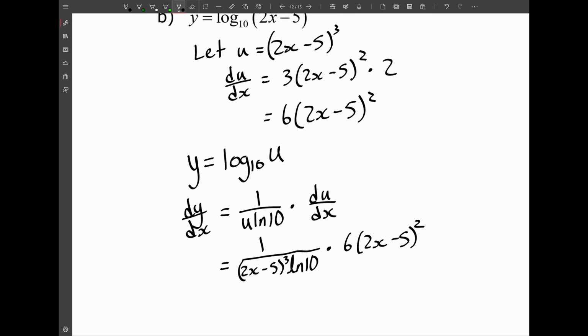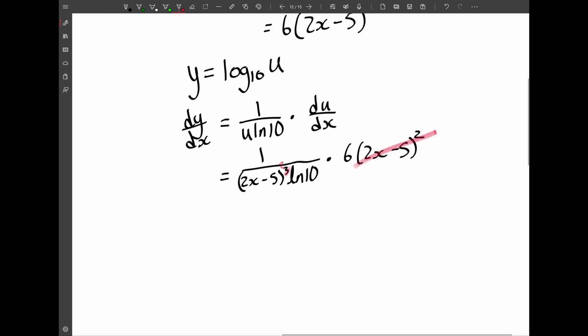Oh, hey, look at this convenience. This cancels and this becomes a 2. So we can simplify that really nicely, and our final answer becomes 6 over natural log of 10 times (2x minus 5). I don't know why I left that as a 2. That should just be gone. There we go. That's dy dx.